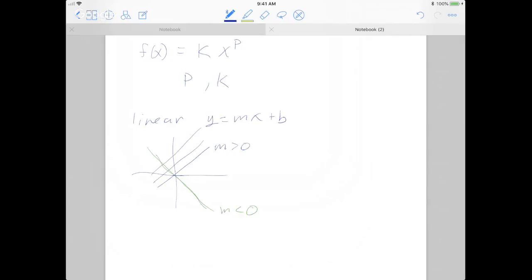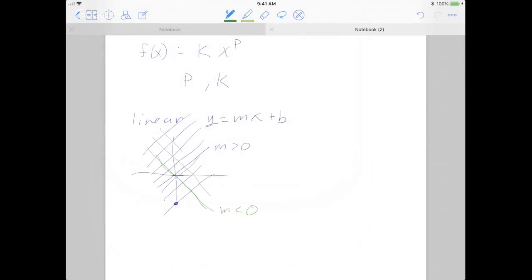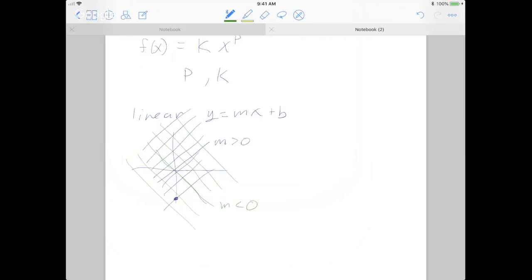Moves us up and down, moves our y-intercept up and down, the point where we cross the y-axis, the x equals 0 point, if you will. Doesn't change the slope, doesn't change much else, just moves us up and down with the same slope. So that's the effect of m and b in a linear equation.